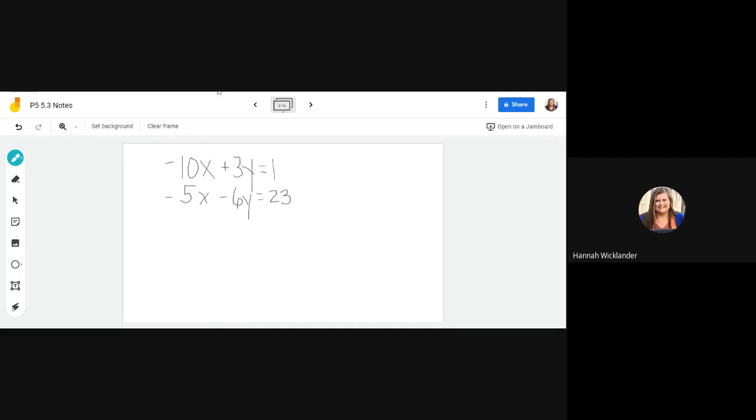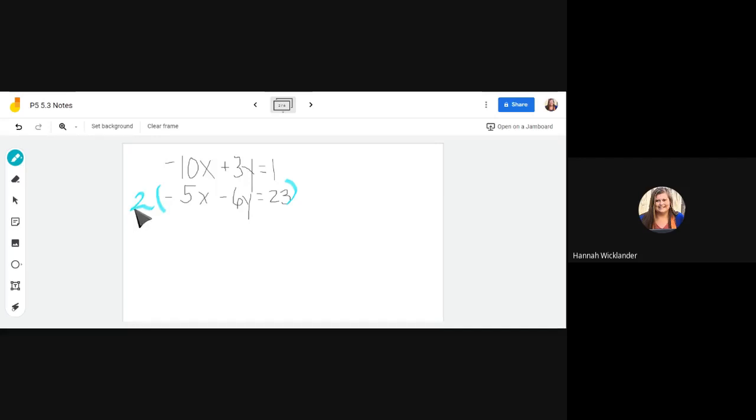And what I'm going to do is multiply the equation by a number to make it have the same number as the other equation. You can do that because it's still the same equation, it's just not in simplest form. So I'm going to multiply this whole equation by 2, and that will give me variables that will cancel out.